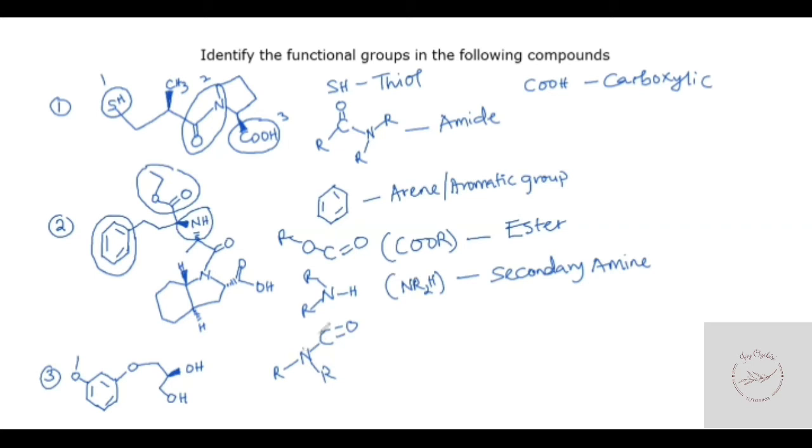And we have this C attached to another C, or we can say R. Okay, so whenever we have something like this, we call it an amide. We can also write it out in a better format, which would be this attached to R attached to NR2. Okay, so that's an amide.